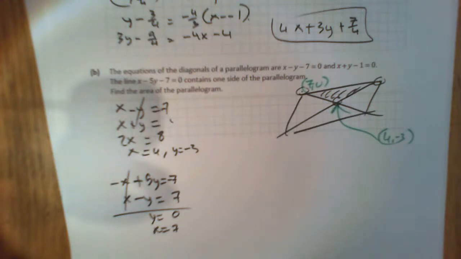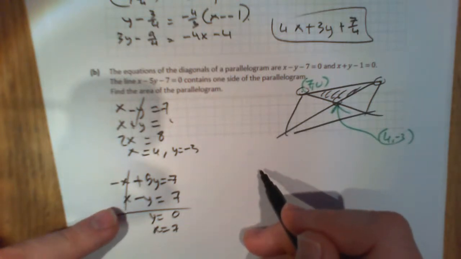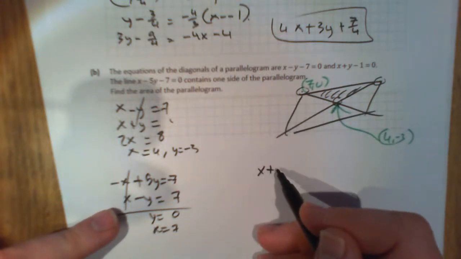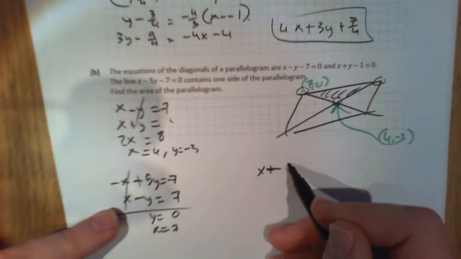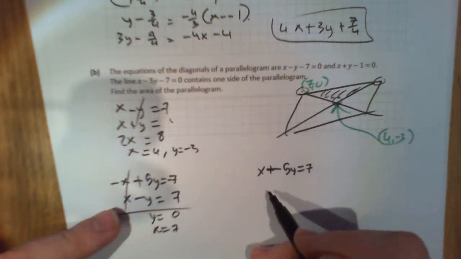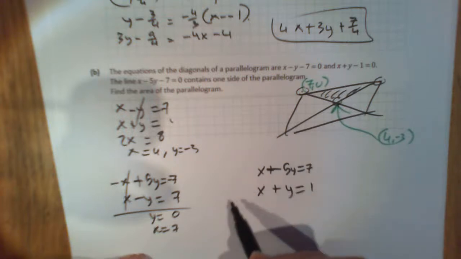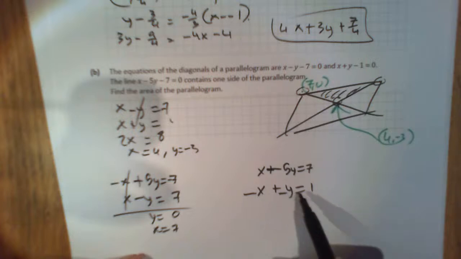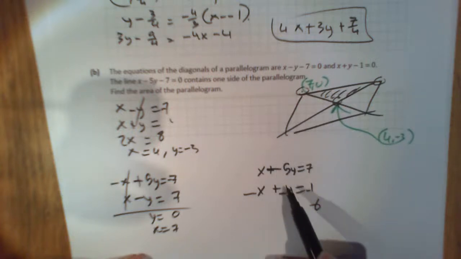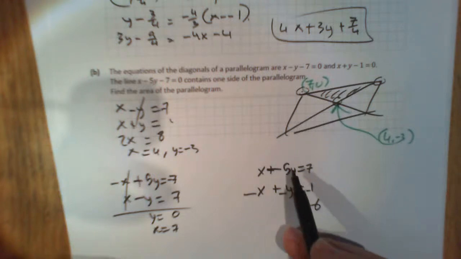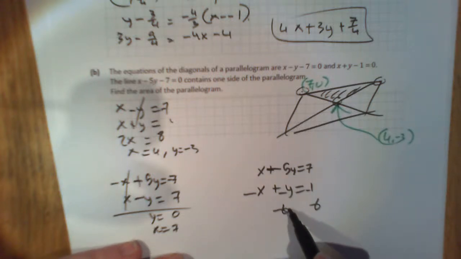Okay? So we'll do it again. We have x minus 5y equal to 7 and we have x plus y equal to 1. Change the signs. 6 is equal to 6y, no, y is equal to minus 1.